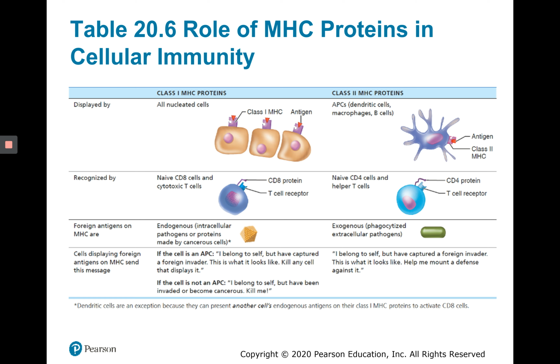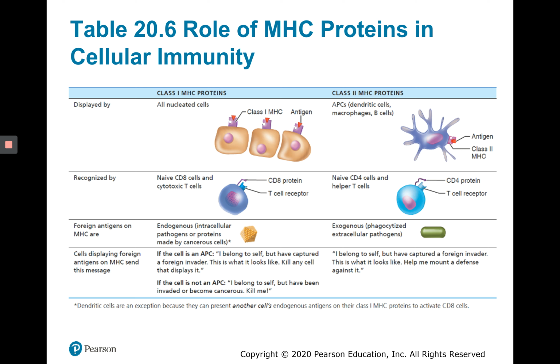Whereas with our class 2 MHC proteins, if we have a foreign antigen being presented in that class 2 MHC protein and it's located on an antigen-presenting cell, what that antigen-presenting cell is saying is, I'm supposed to be here. I'm supposed to be in the human body, but I've captured again a foreign invader. I know what it looks like. Help me mount a defense against it.